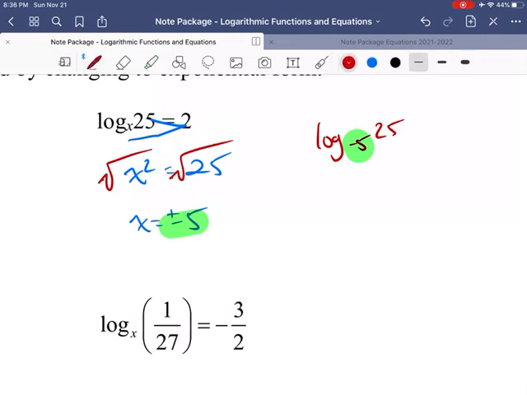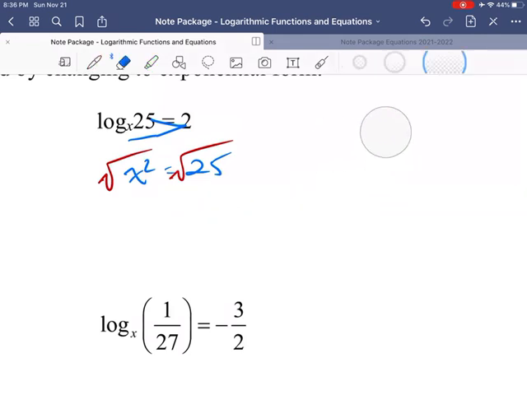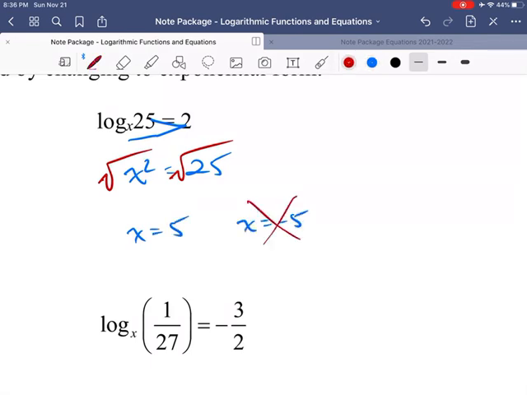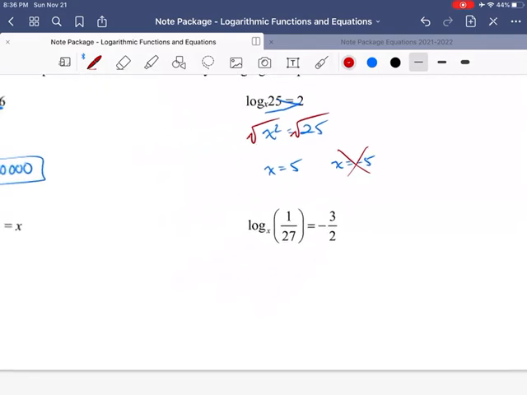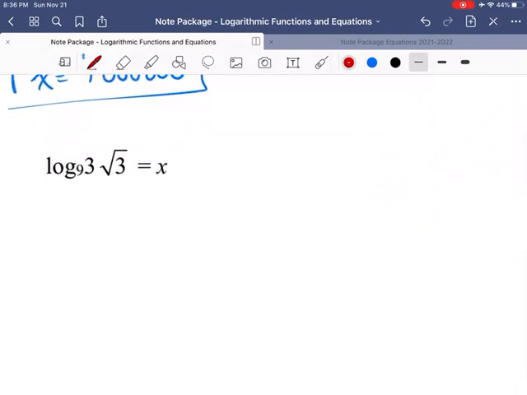So if I write these out separately, this will not work. It's an extraneous root.